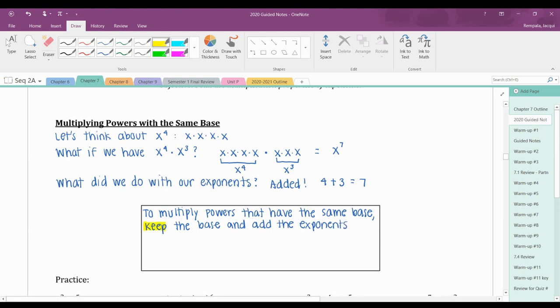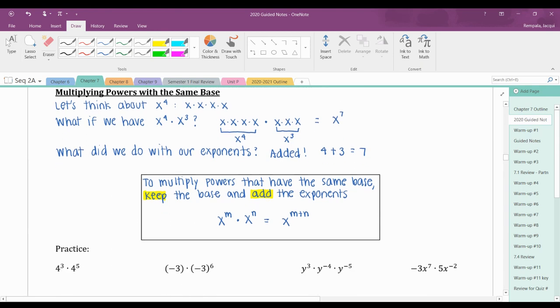We keep the base and add the exponents because we are multiplying bases that are the same. To demonstrate that with variables, say I have x to the power of m being multiplied by x to the power of n. Both of those have a base of x, so I keep the base and add the exponents m and n together.